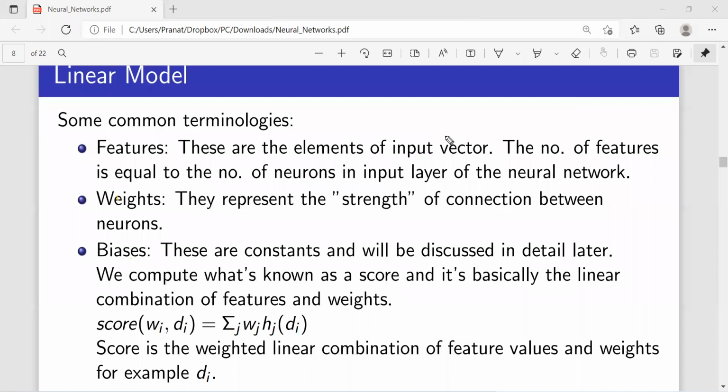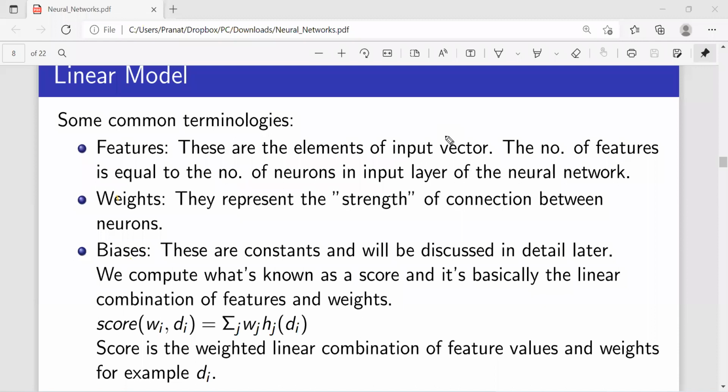The number of features is equal to the number of neurons in the input layer of a neural network. So we are now starting to build neural networks. If x has 3 features, then there will be 3 neurons in the first layer of a neural network.